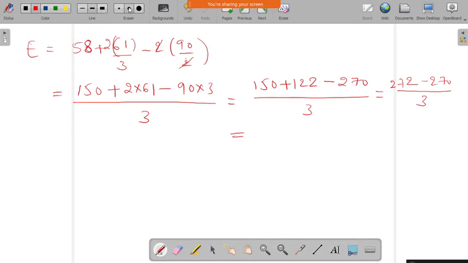So 58 into 3, how much? 58 into 3 is 174, so here it is 174. How much is it? So 296 minus 270, which is 26 by 3. So this is the value of the energy for this particular problem.